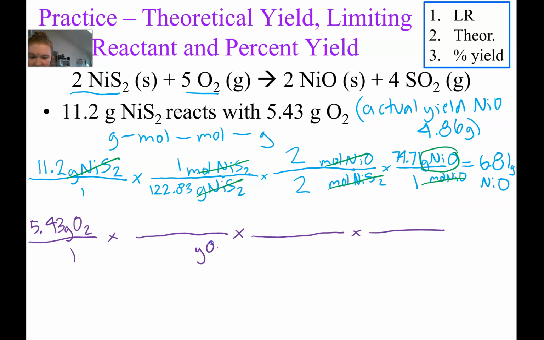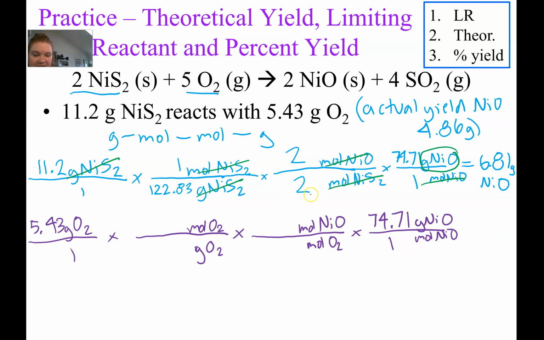I need to switch from grams of oxygen to moles of oxygen, and then moles of oxygen to moles of our nickel oxide, and then moles of nickel oxide to grams. And we know some information, especially this last conversion factor. It's going to be exactly the same. We know the molar mass of nickel oxide, so I can fill that in.